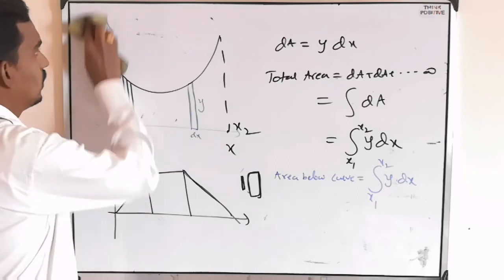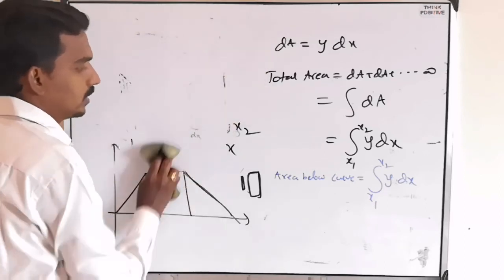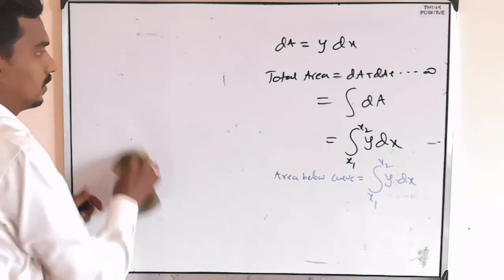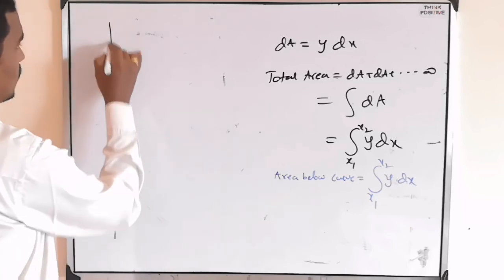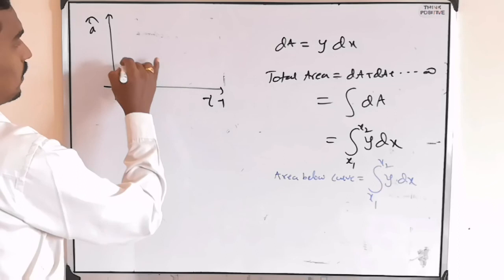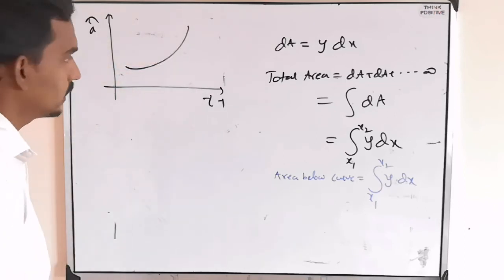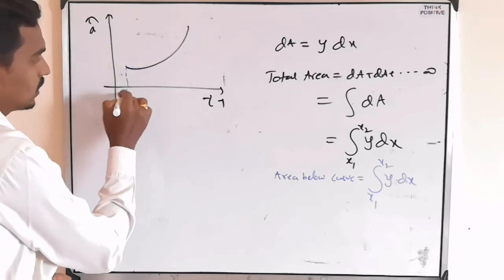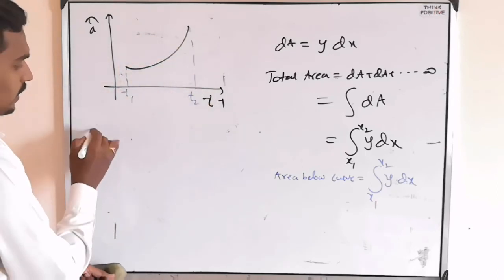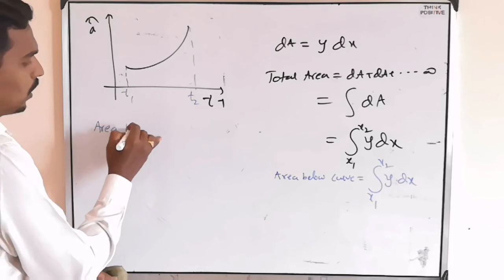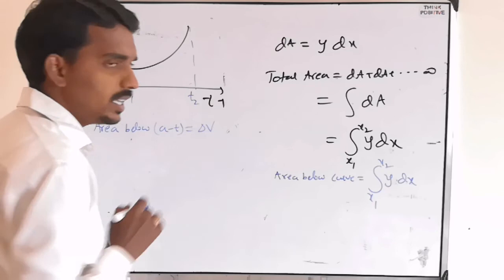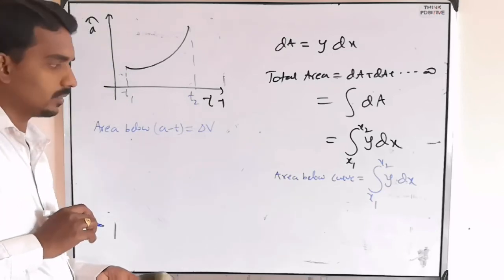For example, you consider an acceleration versus time graph, some curve. This is T1, this is T2. Then the area below the AT graph is equal to the change in velocity.